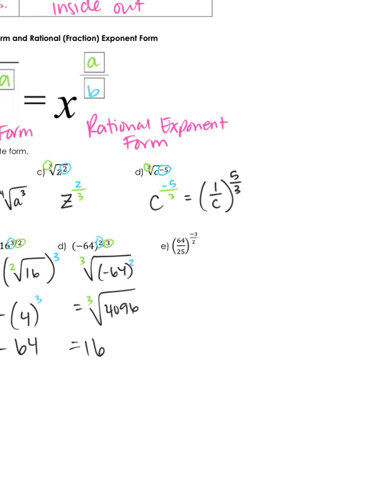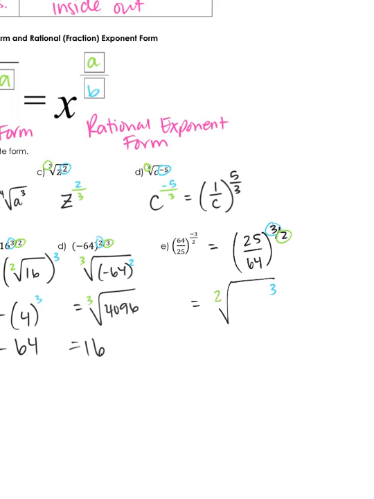And E, we've got a negative exponent, so I'm going to first rewrite this. I'm going to flip the fraction, flip the base, so it's now 25 over 64, and I'm going to make the exponent positive, so 3/2. So now when I write this, I'm going to do my giant radical. The 3 is going to come inside. I should have written the other first, but that's okay. The 2 is going to come outside.